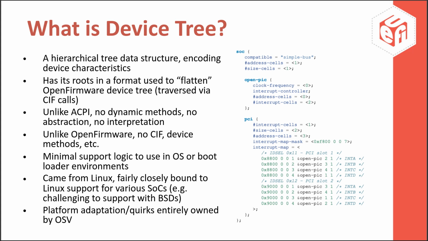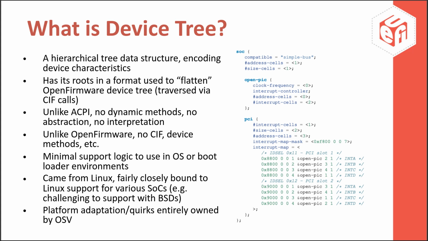Device tree was the result of an operation called flattening. The early bootloader or kernel portions would traverse the Open Firmware device tree using client interface calls and collect all this information to make it available to the operating system when Open Firmware would be shut down.